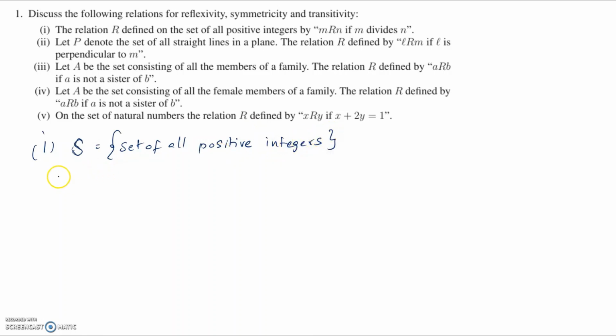Right. So let's look at the first relation, which is reflexive. M divides M, that is, M is related to M, is possible.